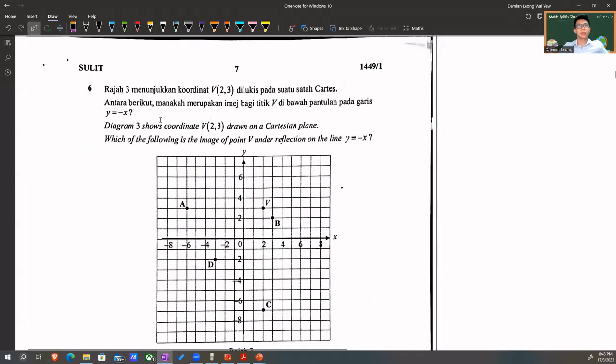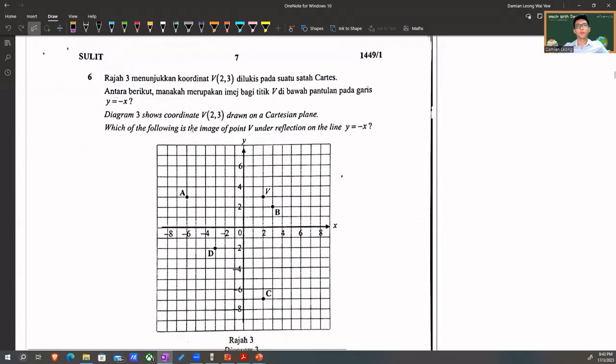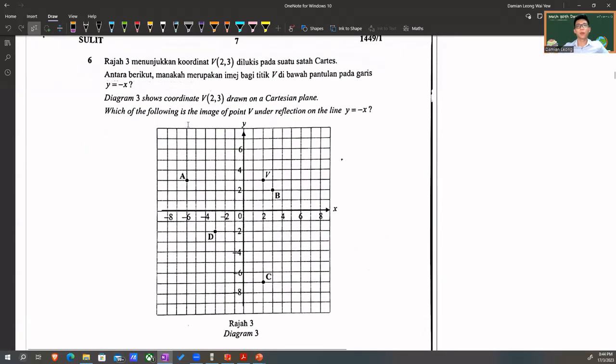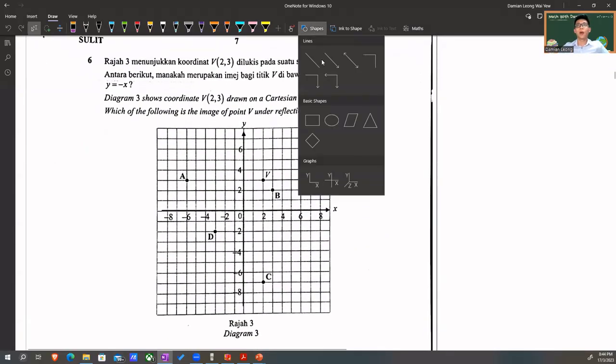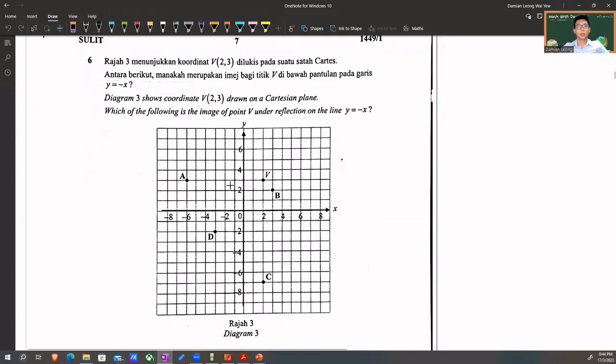Okay, then question 6. Which of the following is the image of V under reflection in the line y equals negative x? So y equals negative x is a diagonal line cutting through your origin. Going from bottom left to top right, that one is y equals x.